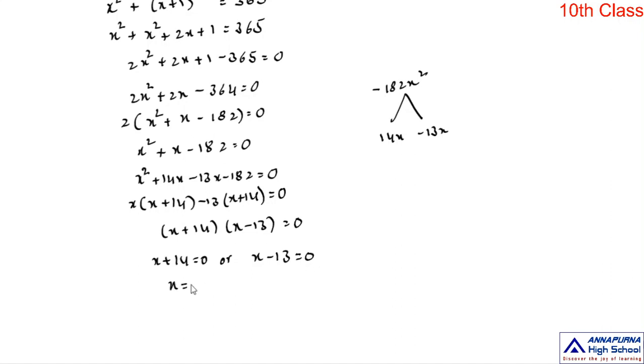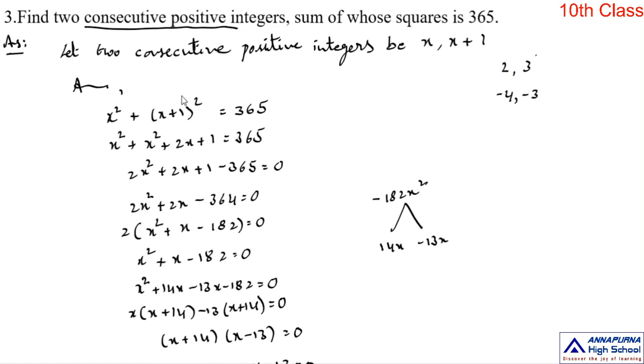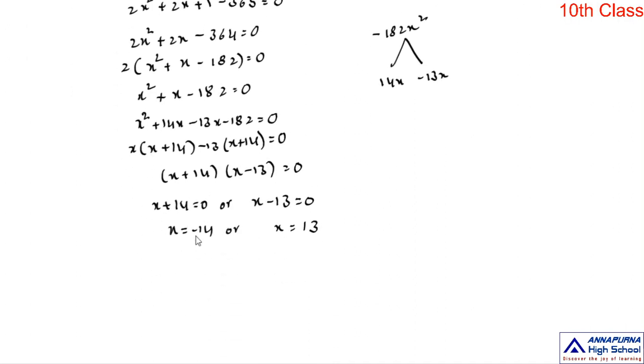If x plus 14 is equal to 0, then x is equal to minus 14. If x minus 13 is equal to 0, then x is equal to 13. But from the beginning we are taking x as a positive integer, so x is equal to minus 14 is not a solution.